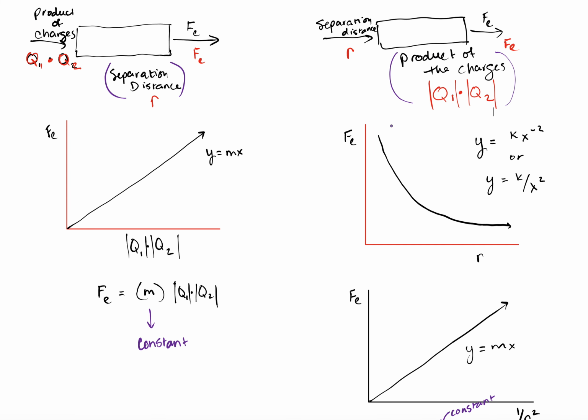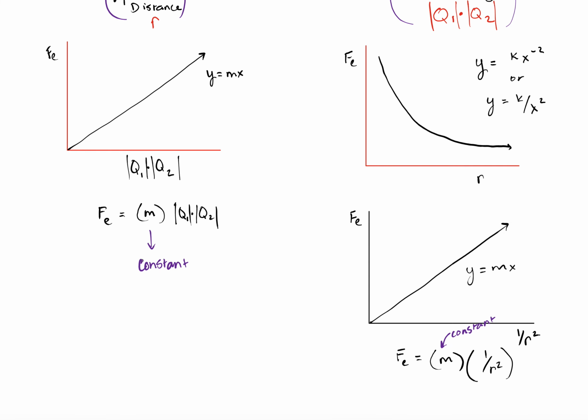All right, so I'm going to take this slope. I'm going to say that the slope somehow includes 1 over r squared. Okay, and remember, it has to still maintain the same relationship, so it wouldn't just be r squared in the numerator.